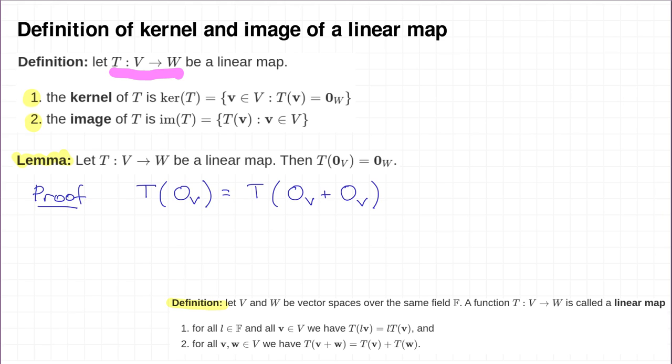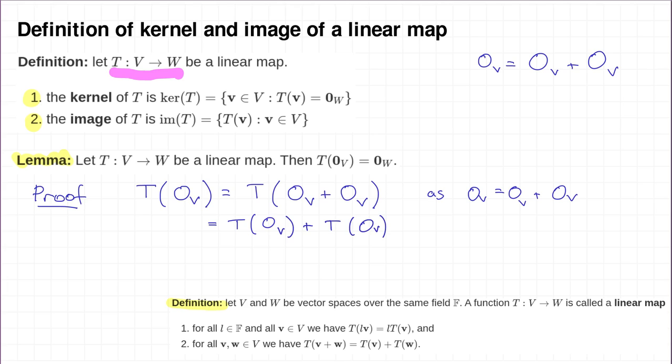So T of 0_V is the same as T of (0_V + 0_V), just because 0_V, the 0 vector in V, is equal to the 0 vector in V plus the 0 vector in V. That's a special case of the defining property of the 0 vector. Okay, T is a linear map, so by property 2, this is equal to T of 0_V plus T of 0_V.